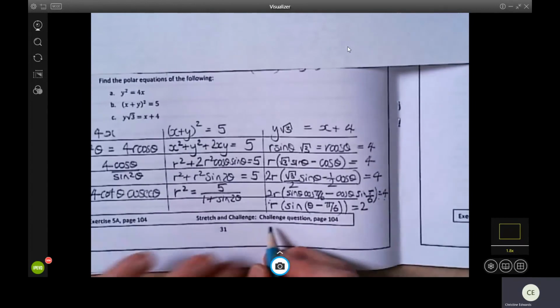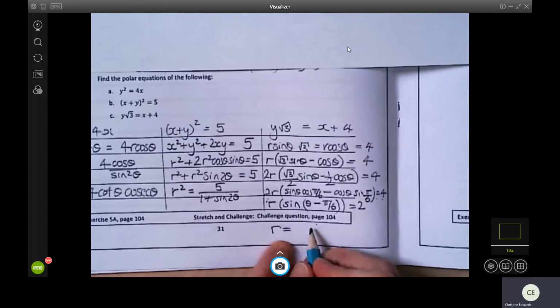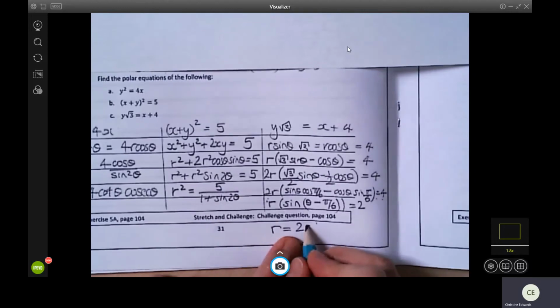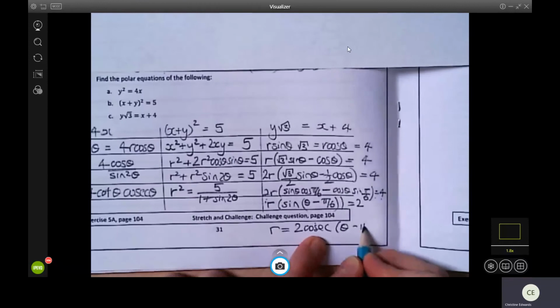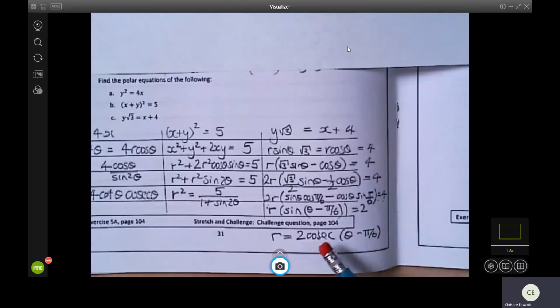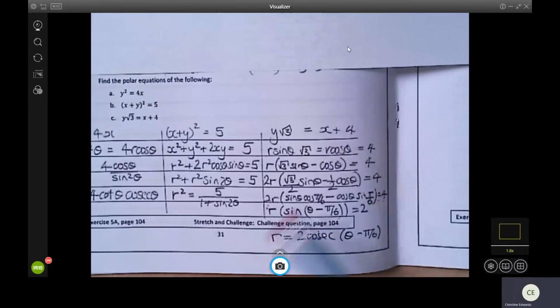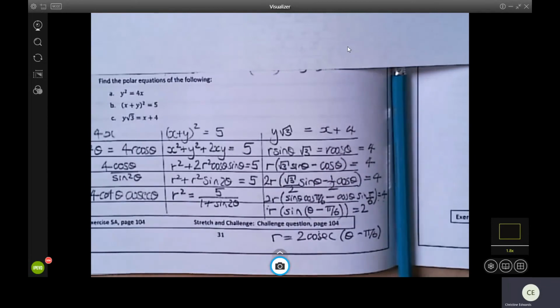One more line of working so that we have r equals. It's going to be 2, I'm dividing by sine, so that's cosec, and it's theta minus pi over 6. So the principle behind that one was to replace x and y with the appropriate polar form, and then I'm just working with trig equations. So that's your introduction to polar equations and converting between polar and Cartesian.